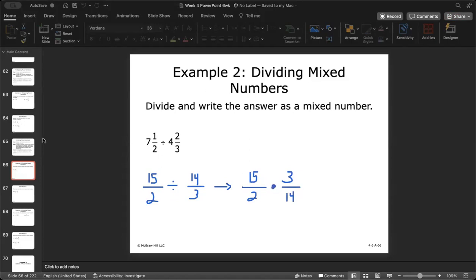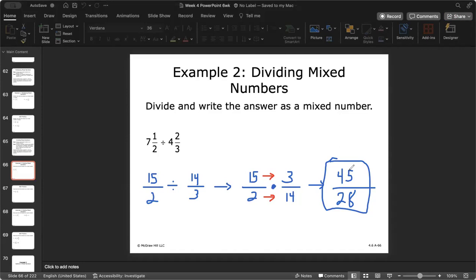And now you do the multiplication straight across. And so that gives us what? 15 times 3 becomes 45 in the numerator, and then 2 times 14 becomes 28 in the denominator. And that's actually it. We can't simplify that any further, unfortunately.